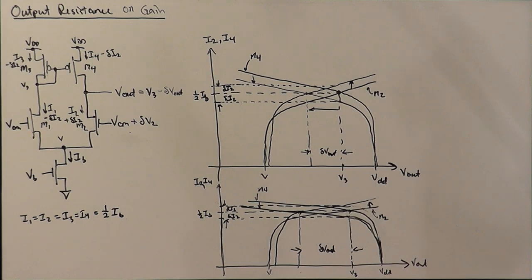And so the higher the early effect resistance, the shallower the slope, the more the output voltage changes for a given input voltage. And what we'll find out is the output voltage change is actually going to be directly proportional to the incremental output resistance of the circuit. Okay, and so that's kind of how the basic idea works here.